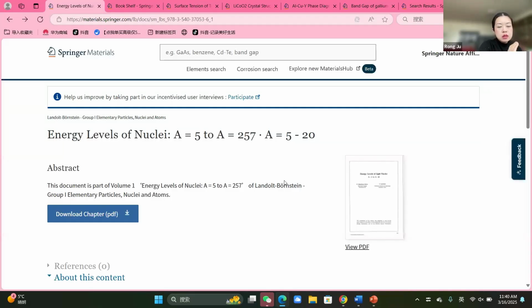They will review all the data published in this period of time, and they will evaluate and also check the experiment, try to repeat this data, and make sure these data are reproducible by multiple groups in the following research. Then they will make the decision this is trustworthy data and include it into this book series.